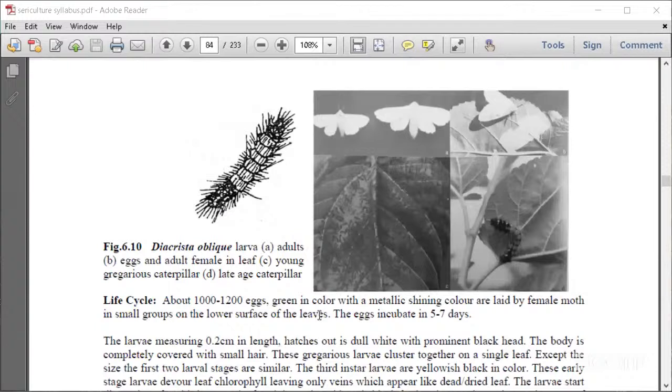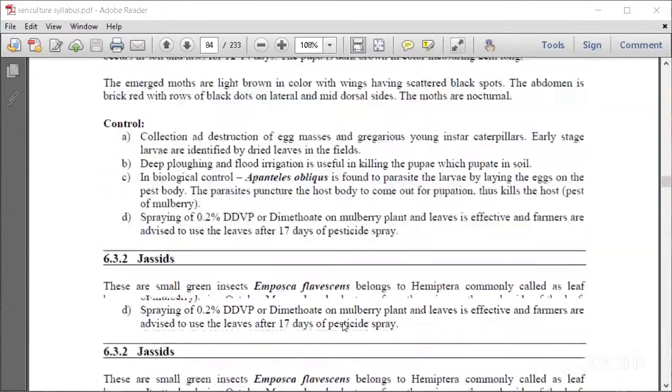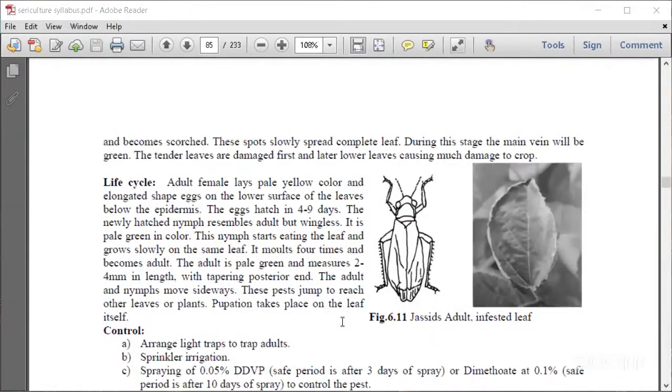There are other organisms which can cause major loss to our mulberry, such as jassids. Here you can see the jassid organism, Empoasca flavescens, which belongs to the Hemiptera order, commonly called the leaf hopper.